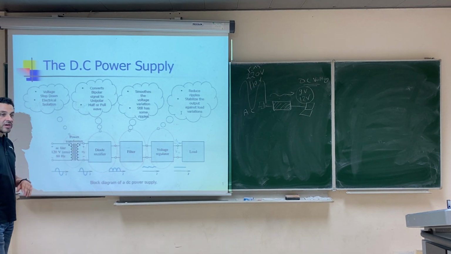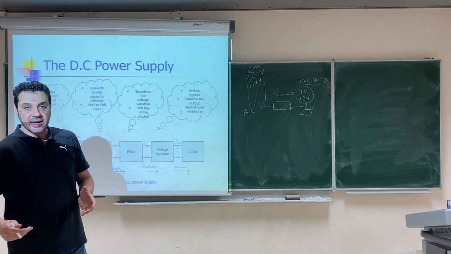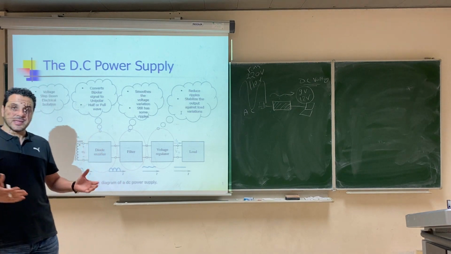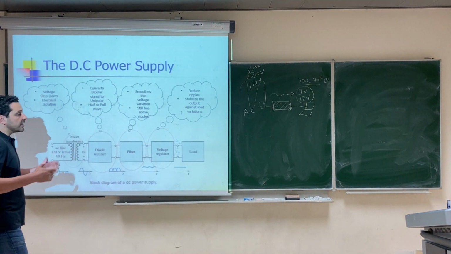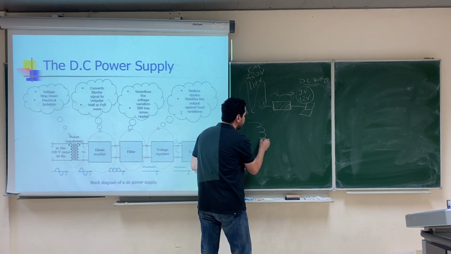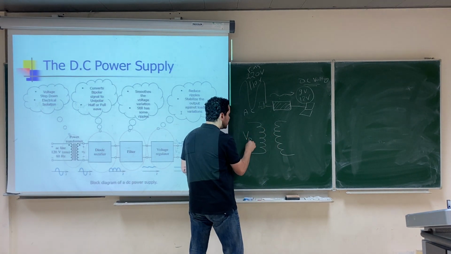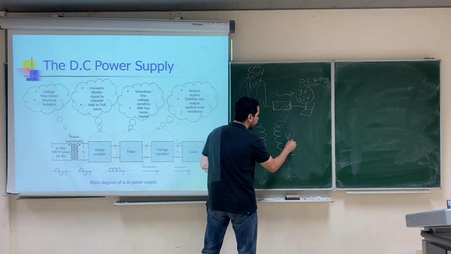The first stage is a transformer, and you will study this in detail in one of the power courses in the department. But all we need to know about the transformer is that you have a primary voltage and a secondary voltage.